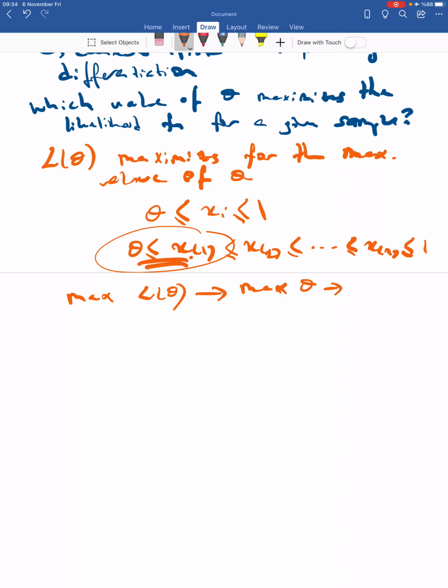And what is the maximum value of theta? We are putting the equality sign because of that. If we don't have the equality sign, we don't have the MLE in this case. We don't always have MLEs. So the MLE should be the smallest order statistic, the first order statistic.